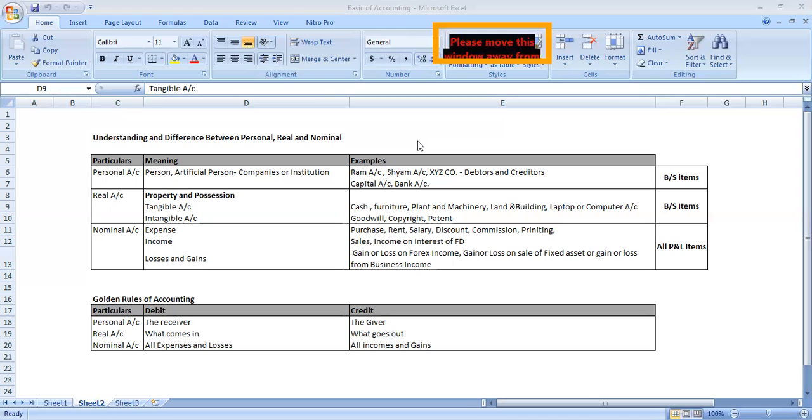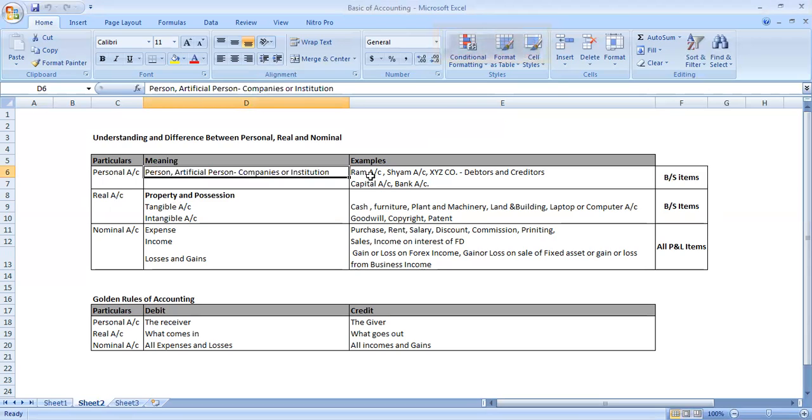The personal accounts, the name itself suggests, relates to a person. There can be a natural person or an artificial person. Examples of natural persons are Ram account, Sham account, etc. Artificial persons are the ones which have been recognized by law, such as companies and institutions.